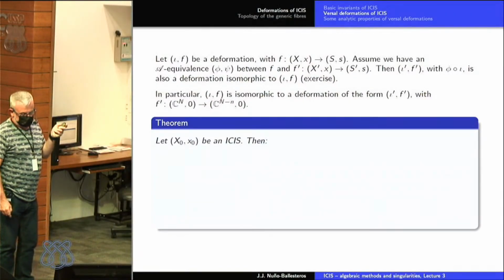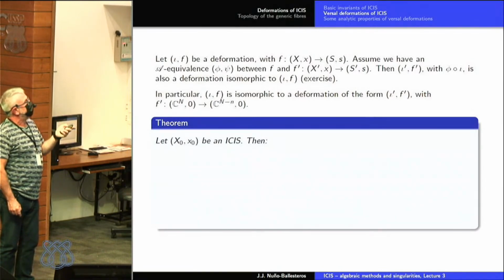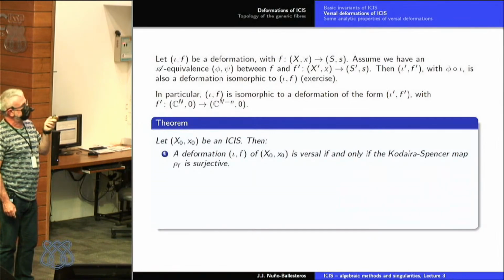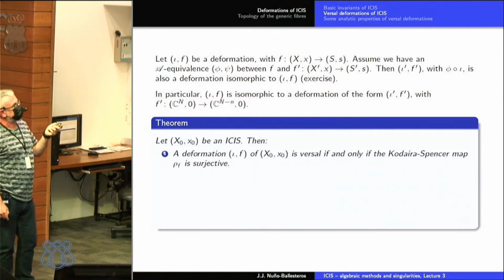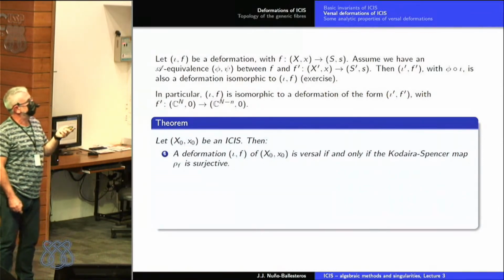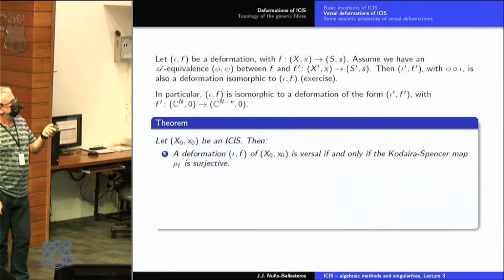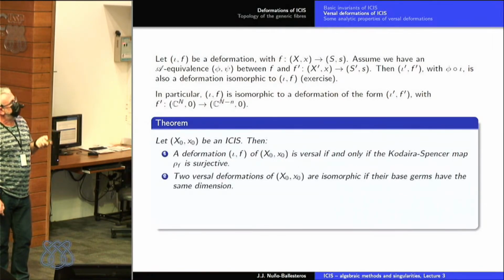Well, the main theorem of this part is the following: if we have an ICIS x0, then first, the deformation iota, f of x0 is versal if and only if the Kodaira-Spencer map rho sub f is surjective. The second point of the theorem is that two versal deformations of the ICIS are isomorphic if their base germs have the same dimension.